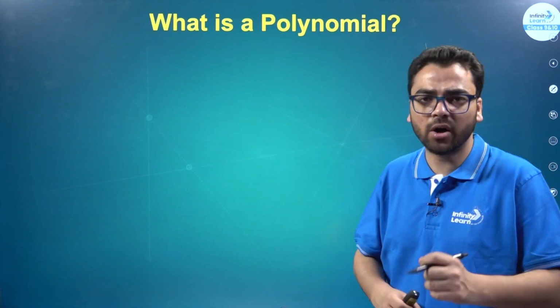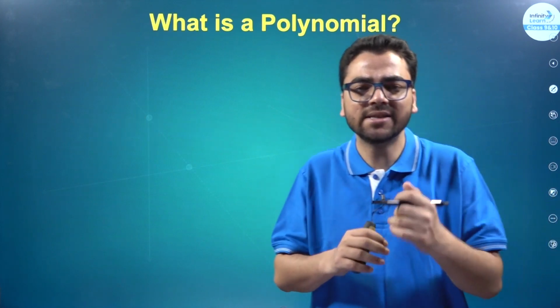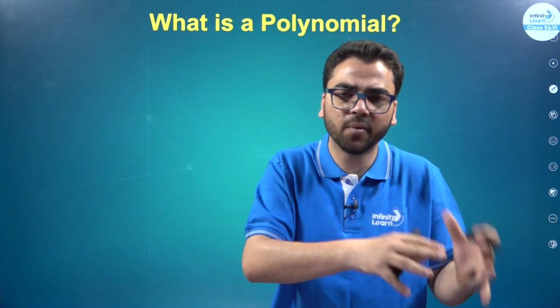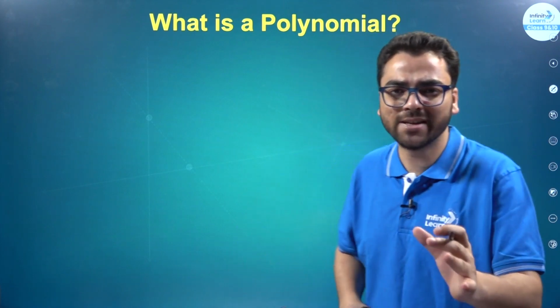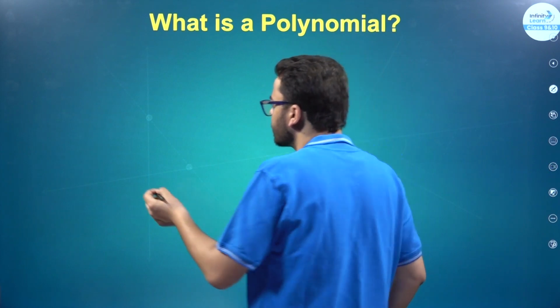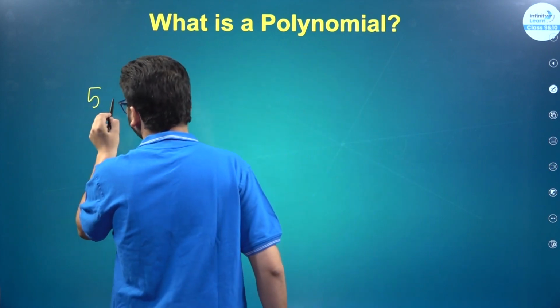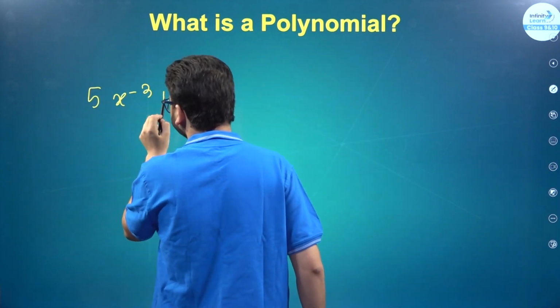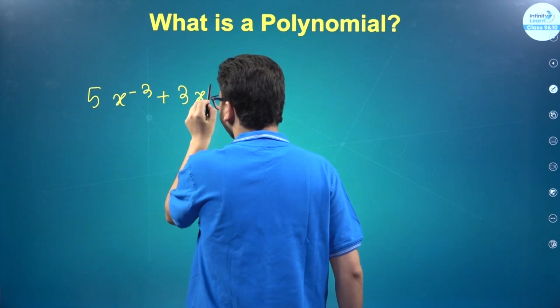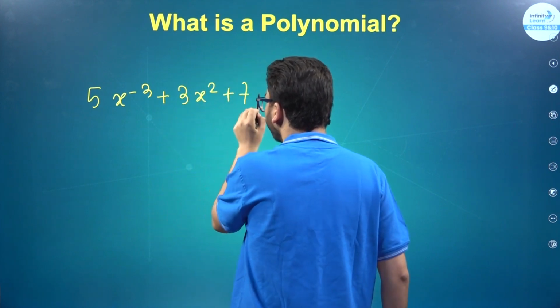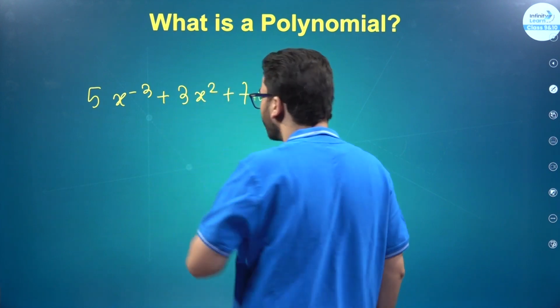Now, what about polynomials? What is a polynomial? That is a specific type of algebraic expression. For example, you'll understand using examples over here. You see, for example, if I ask, is this a polynomial? The answer to it is no, it's not a polynomial.